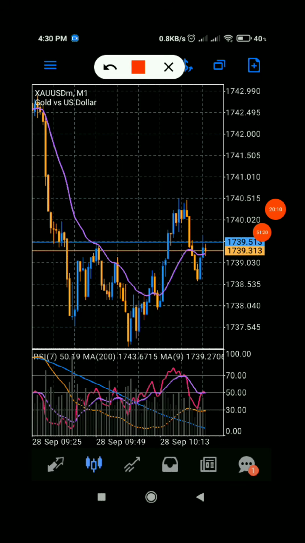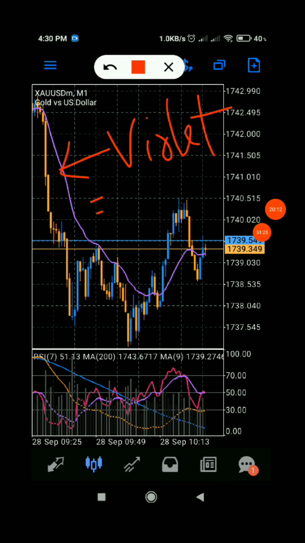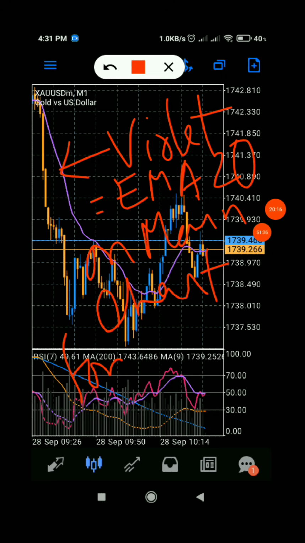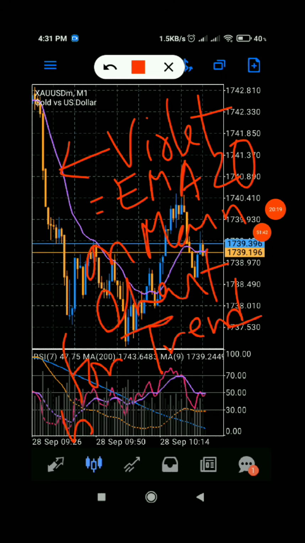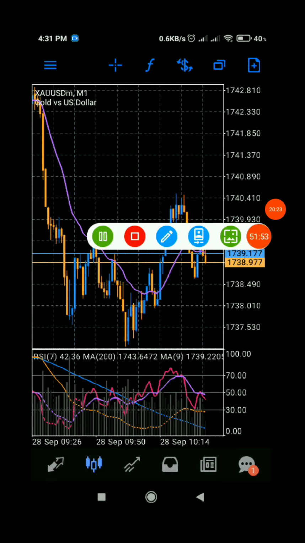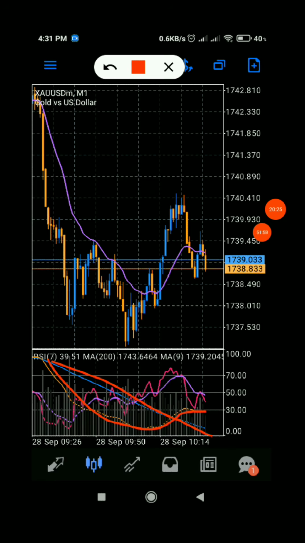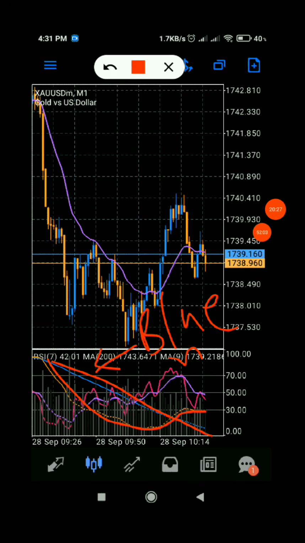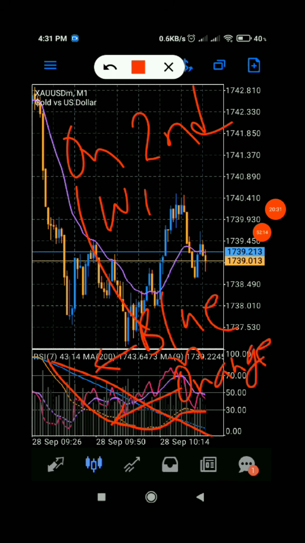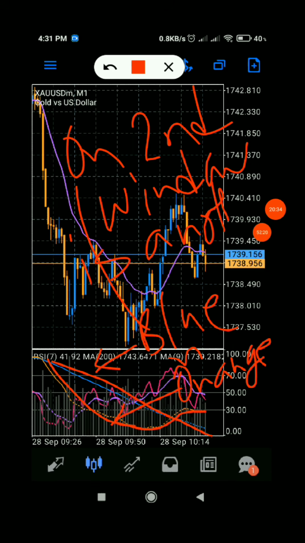And this is the 20, the violet on the main chart, EMA 20. That is a trend identifier, short-term trend. When price is above 20 it is uptrend, below 20 is downtrend, and here blue and orange is the MARSI signal on the second window.